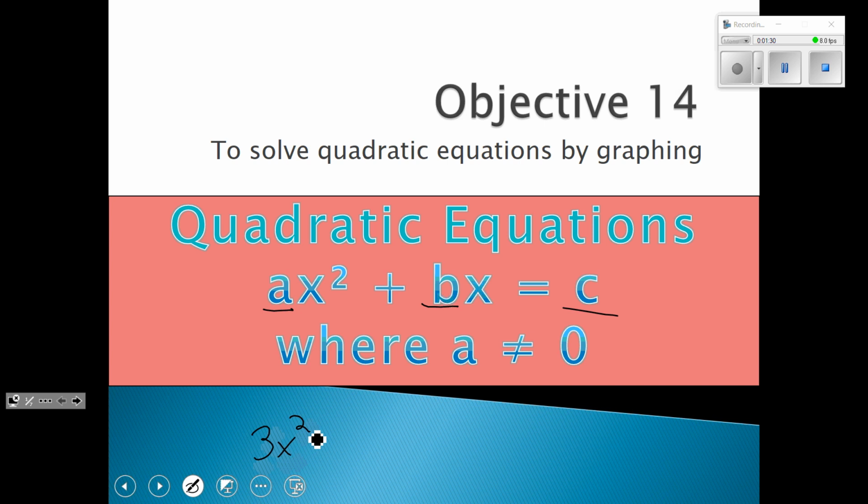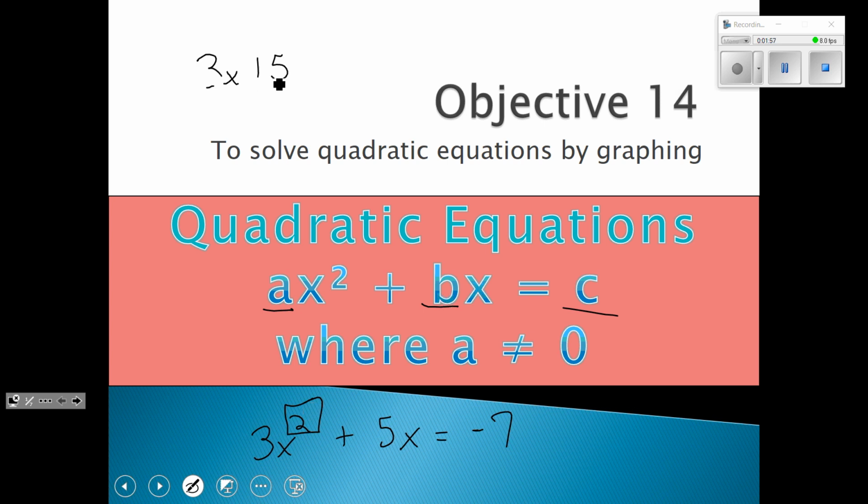So if I plugged in numbers for a, b, and c, a quadratic equation might look like 3x squared plus 5x equals -7. Okay, that is an example of a quadratic equation. And the reason why it makes it quadratic is because of the x squared. If the highest degree is 2, it is called a quadratic equation.